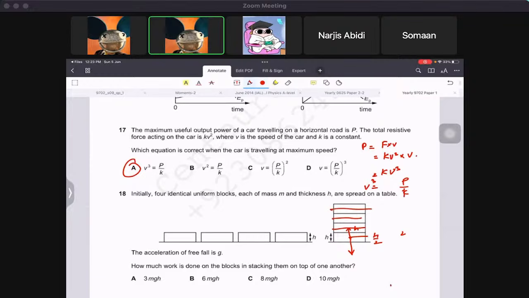So h by 2. So basically doing this would cause h by 2 times 4 because you have to put 4 of them, right? So basically the height will be 2h. Now the thing is how much work is done on blocks in stacking on top of one another. Interesting.